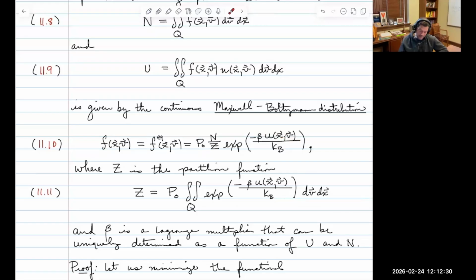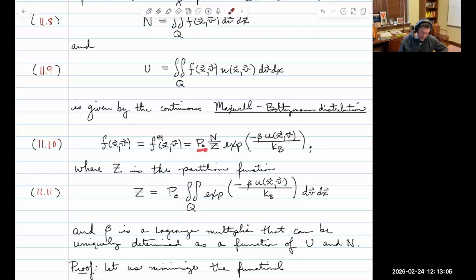Notice this is no longer discrete; it's a complete continuum of energy levels, divided by the Boltzmann constant. Remember, the Boltzmann constant is just a constant which sets the temperature scale. We know that the entropy has to have units of energy per degree of temperature, so the Boltzmann constant is just the thing which sets those units. If we want to use the Kelvin scale, then the Boltzmann constant has a very specific value.